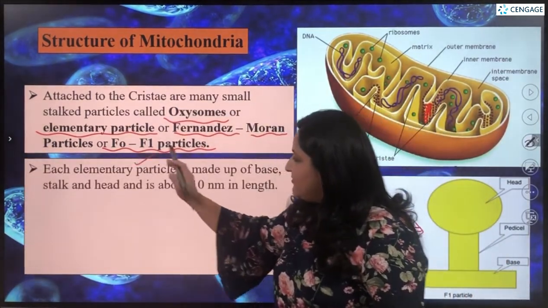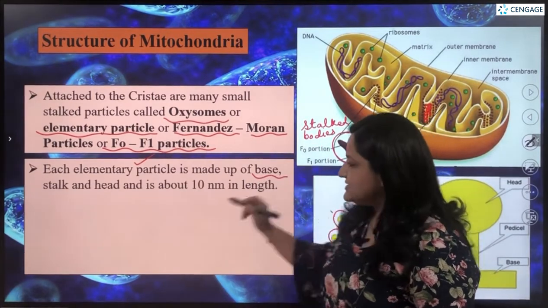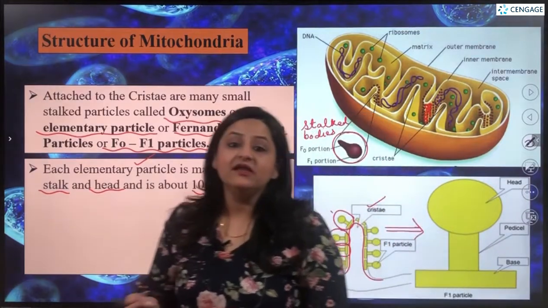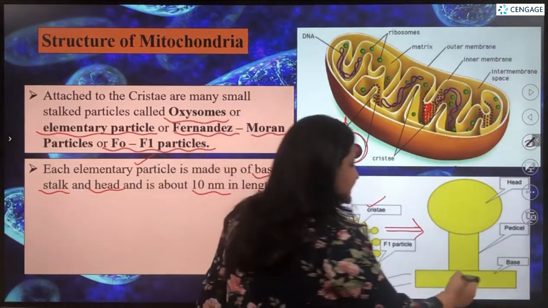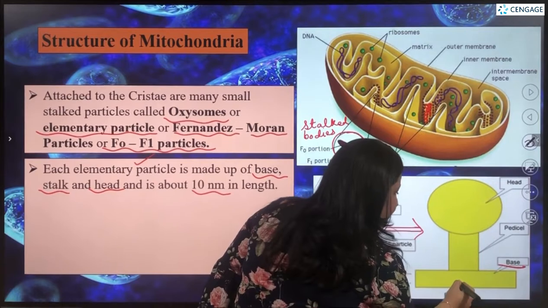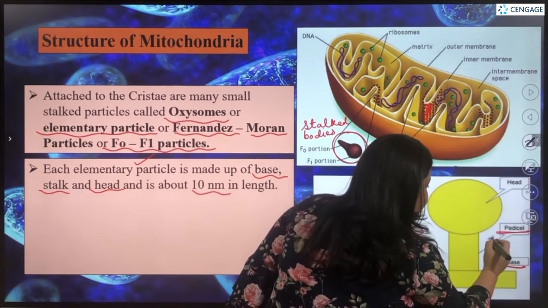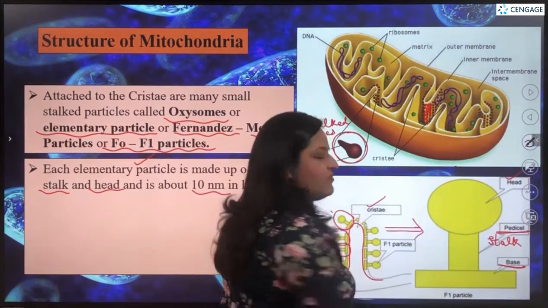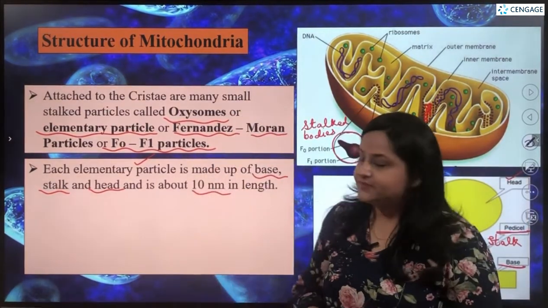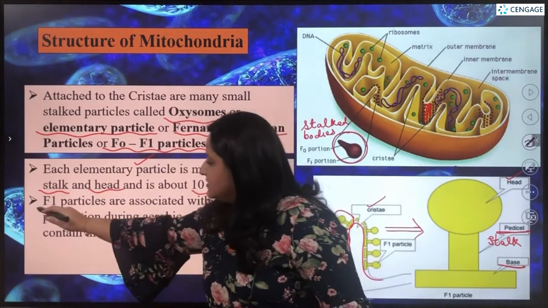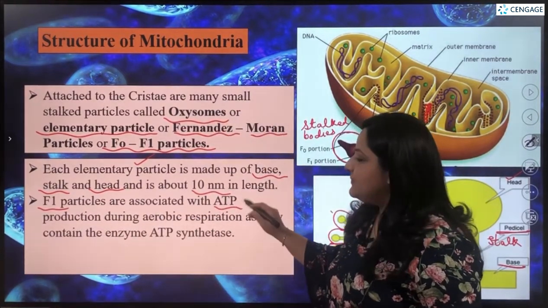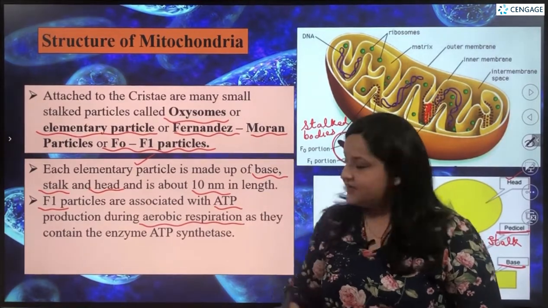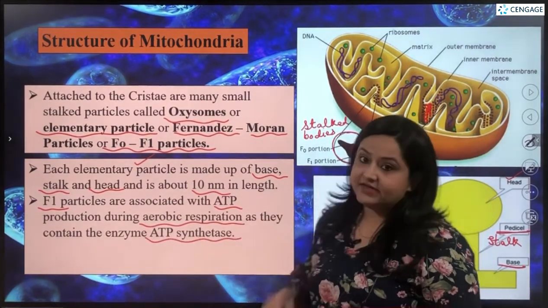Each of these elementary particles is made up of a base, a stalk, as well as a head, and is around 10 nanometers in length. We can see over here, this is the base of the particle. This is the pedicel, also known as the stalk of the particle, and this is the head of the F0, F1 particles. The F1 particles are associated with ATP production during aerobic respiration, as they contain the enzyme known as ATP synthetase.